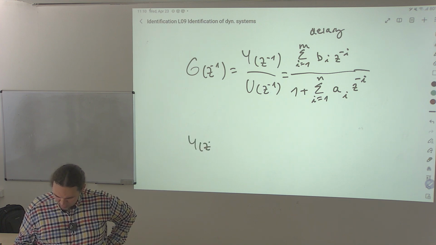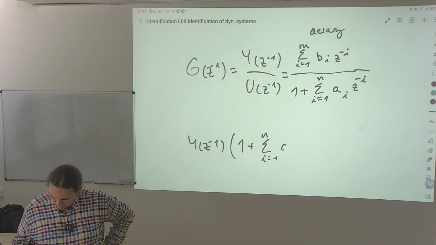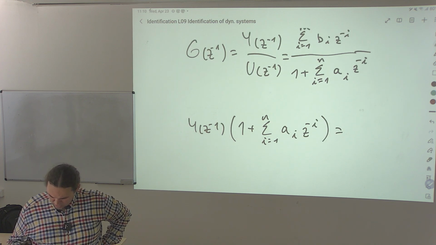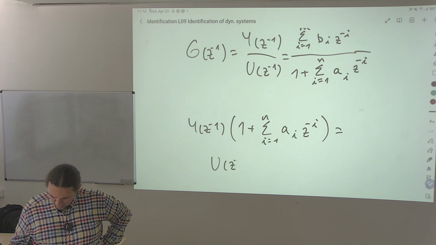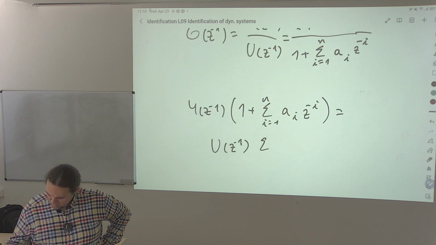So what we have: y z to the power of minus 1 times 1 plus the sum from i equals 1 to n of a_i z to the power of minus i is equal to u z to the power of minus 1 times the sum from i equals 1 to m of b_i z to the power of minus i.